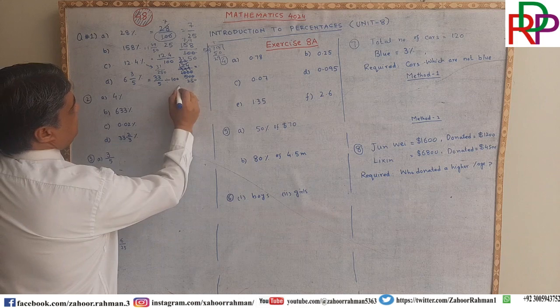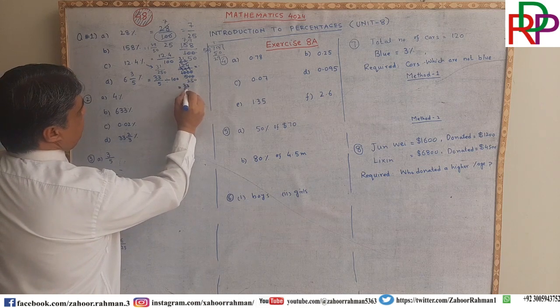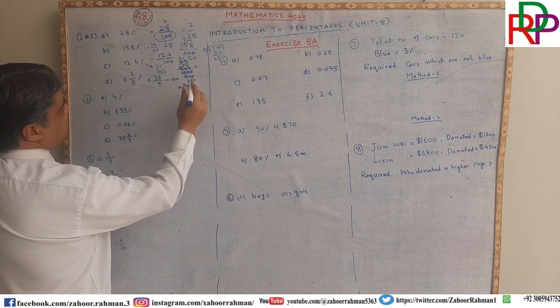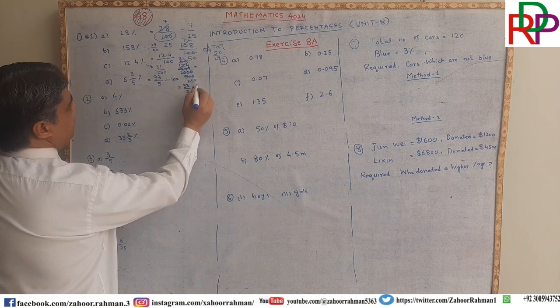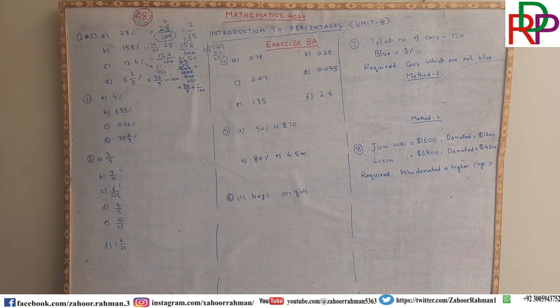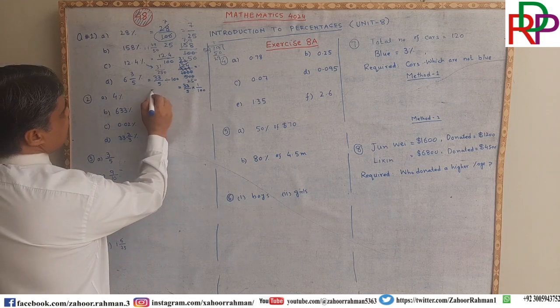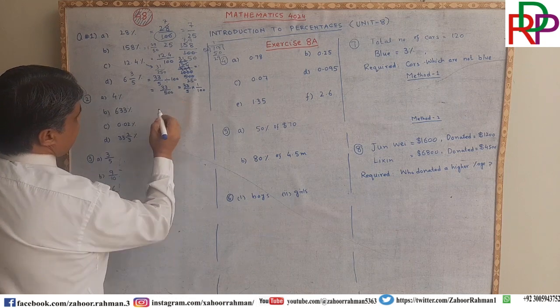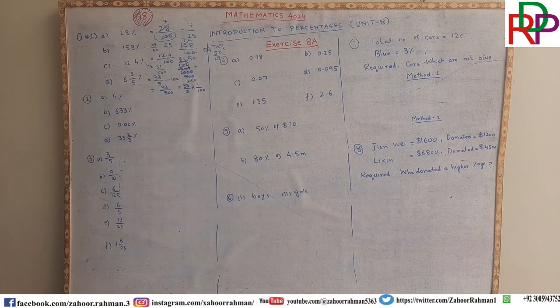Now this can be written as 33.5, and this symbol will be replaced by multiplication, and that will be 1 over 100. So we can write this as 33 divided by 500. Now 33 is not divisible by 500 because the numerator is smaller than the denominator, so we have to leave it as it is.